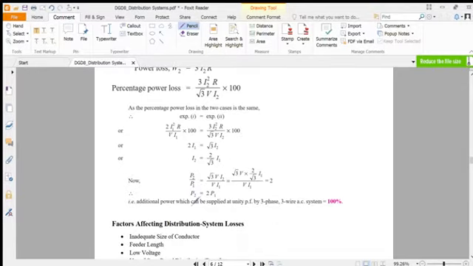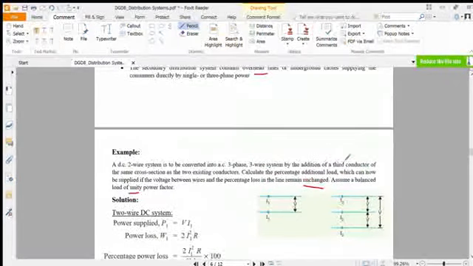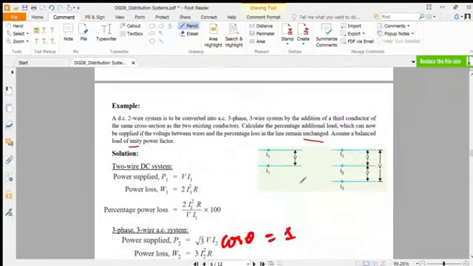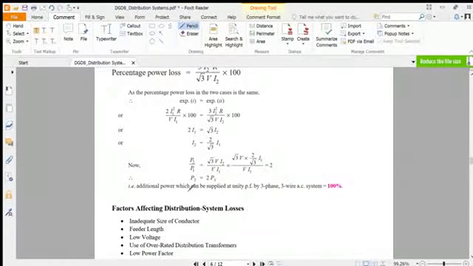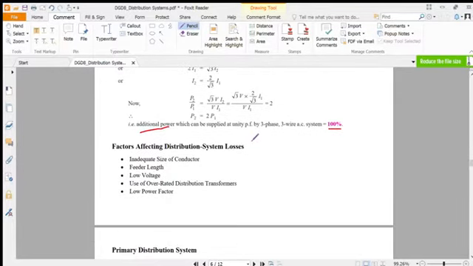We see that just by adding an additional third conductor to the DC system with the same cross-sectional area, the AC system can carry twice the power of the DC. So the additional power is 100%, it's just double. So here is the benefit of the three-phase AC system.